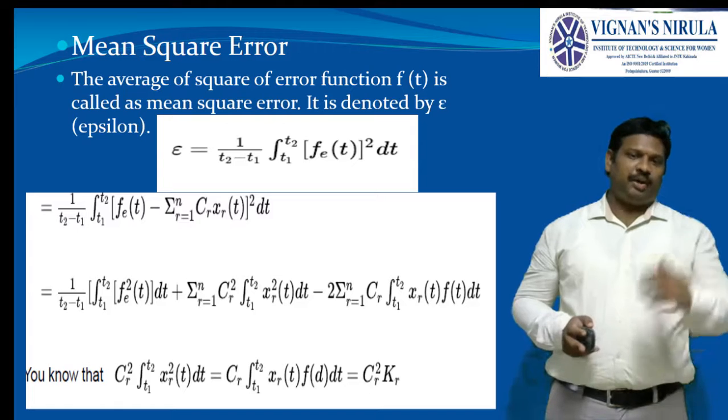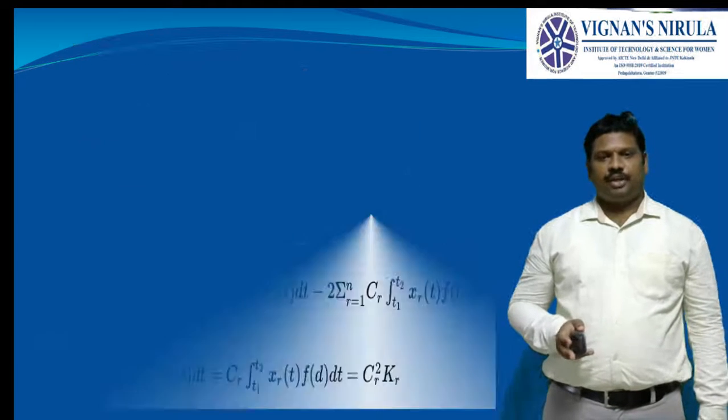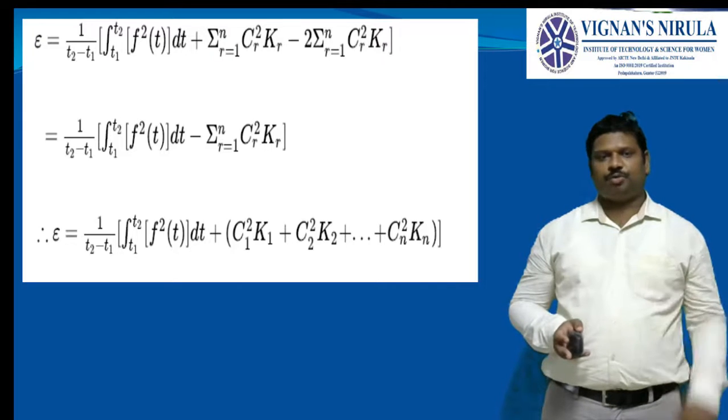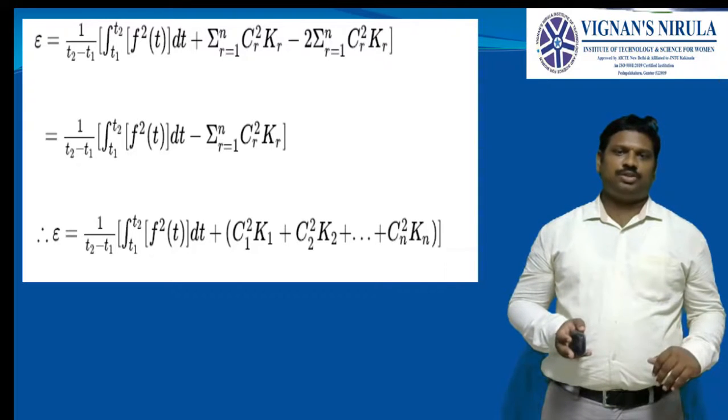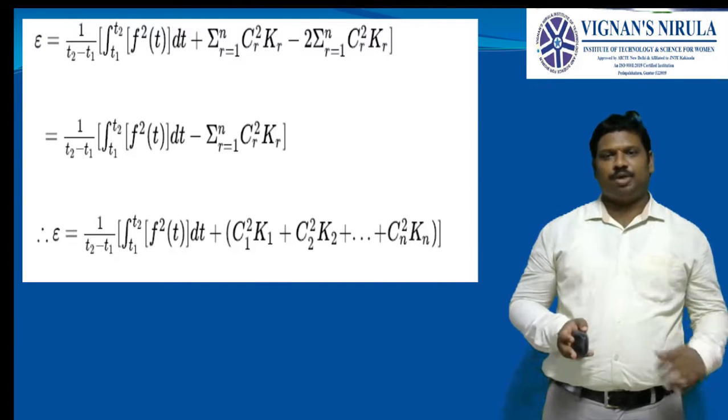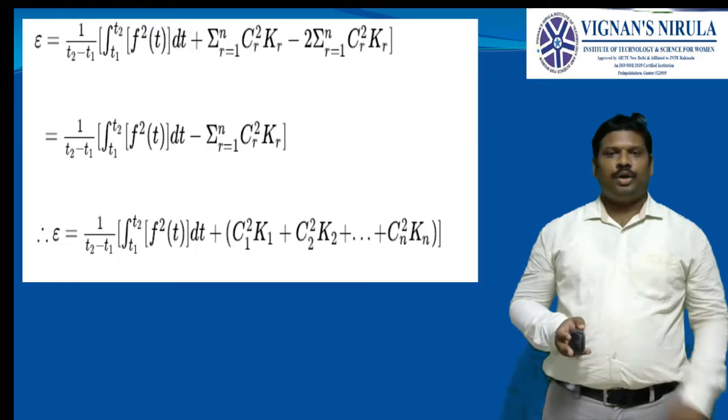Therefore, substitute these values in our above integrations. What we'll get here is 1 by t2 minus t1 integral of t1 to t2 f square of t dt plus summation r equal to 1 to n cr square into kr minus 2 into summation r equal to 1 to n cr square into kr.